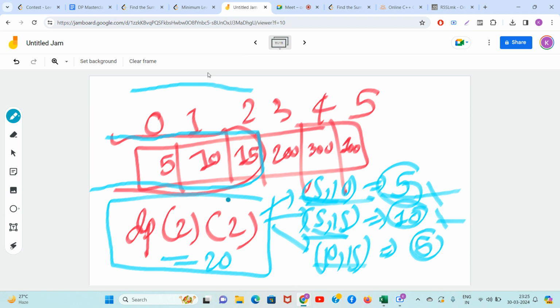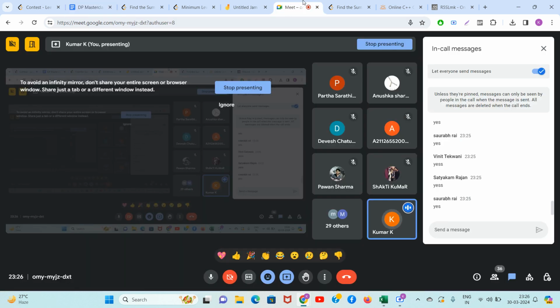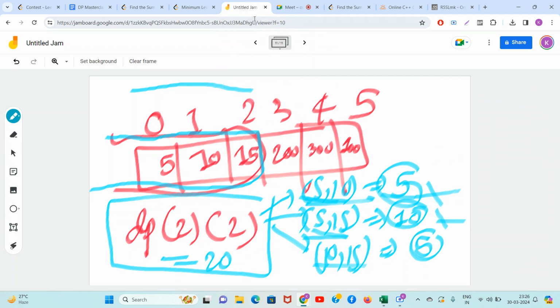Sorry. dp2 comma 2 means all the subsets of length k till index i of the array, and it is fixed that the ith element is the last element. Guys, last element should be the ith element only. लास्ट एलिमेंट को फिलहाल ith एलिमेंट ही रखने की कोशिश करो. तुम चाहो तो नहीं भी ले सकते हो, बट बाद में जरूरत पता चलेगी, ठीक है.